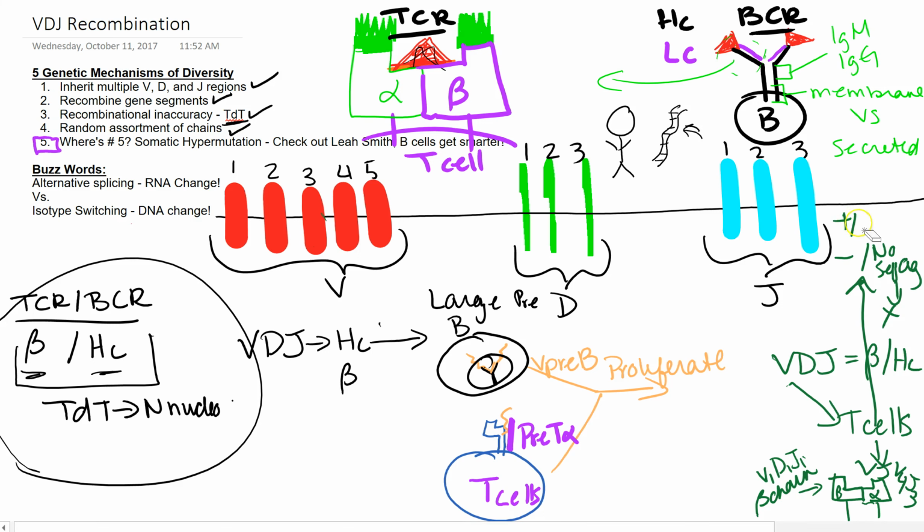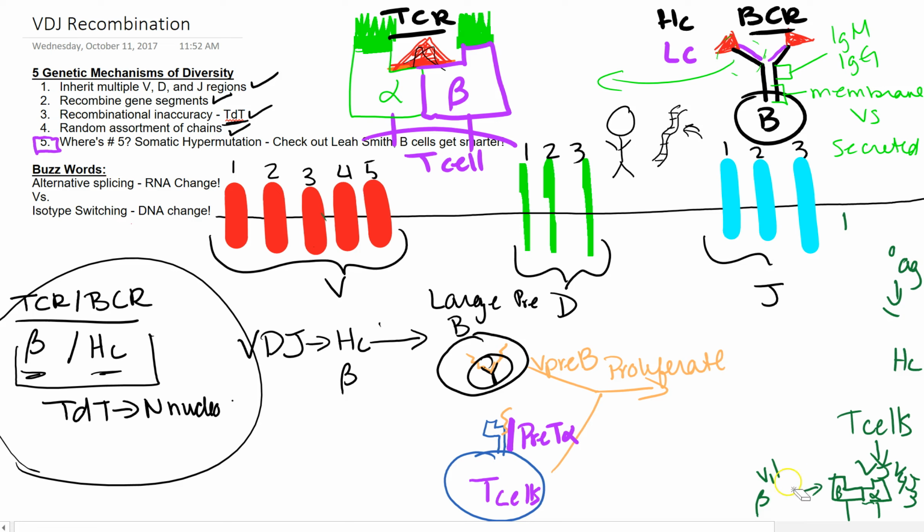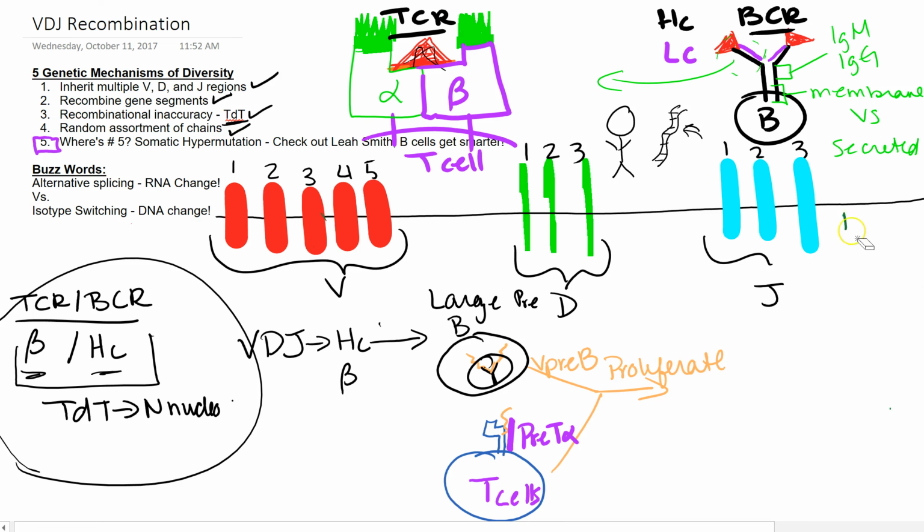Good? Okay. Now, if we're talking about B cells, it gets a lot more complicated, because B cells are kind of the problem children of lymphocyte development. So if we're talking about B cells, they do the same thing. You have your heavy chain, which was V1, D1, J1.